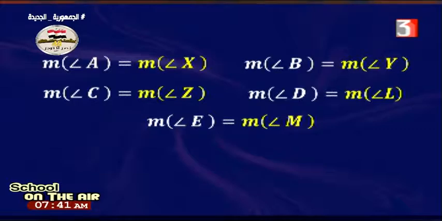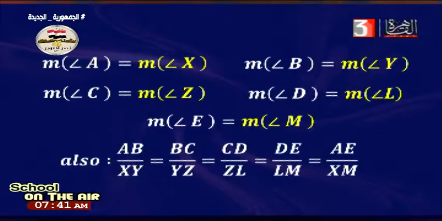What about corresponding sides are proportional? Yes, the first side is AB in the first polygon. What about the first side in the second polygon? XY. So we can say that AB over XY equals BC over YZ, the second side with the second side. Third side CD, third side in the other polygon is ZL, so CD over ZL equals DE over LM equals AE over XM.